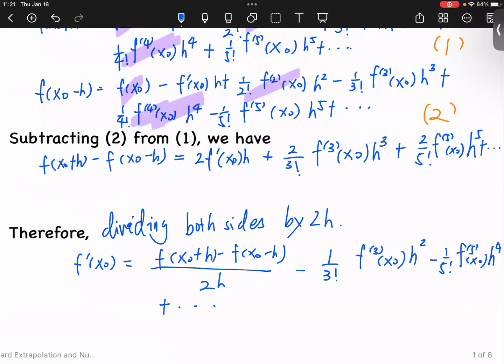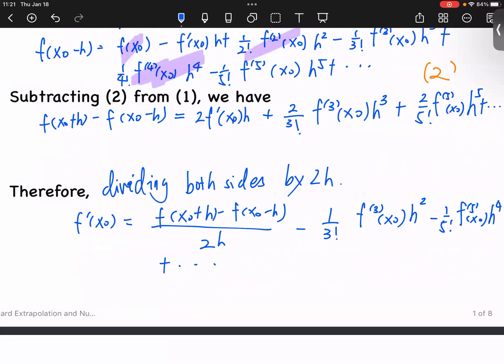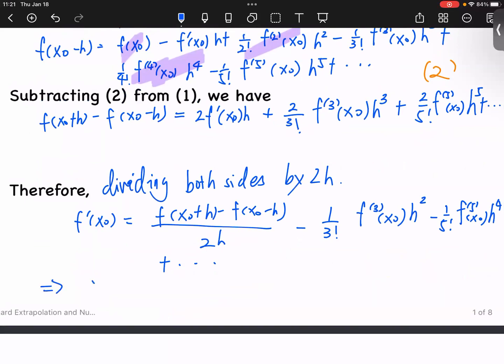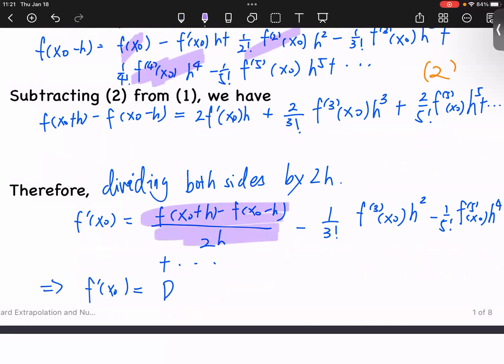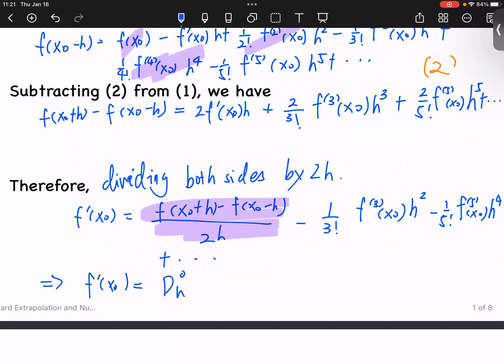This means that we can write f prime(x0) plus this, and this one is just the center difference formula, right? And we have already used one notation to denote it. It's D_h^0. This one means center difference, and this one is the step size we are using.